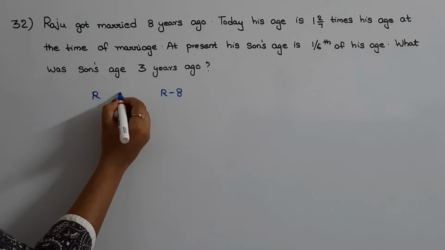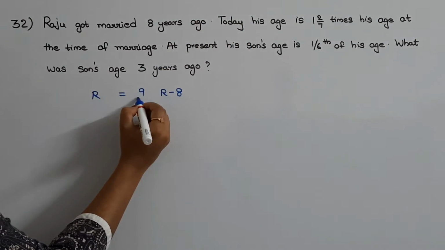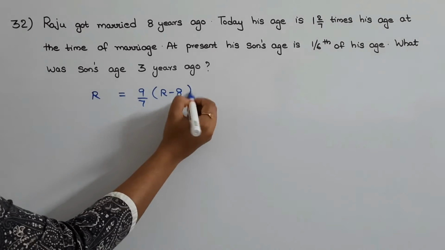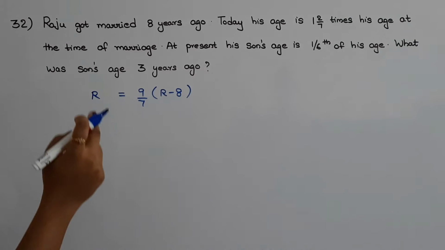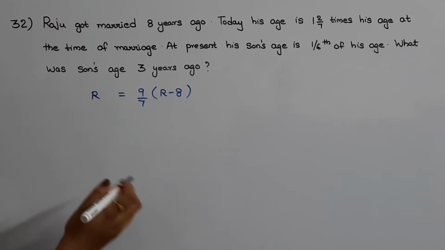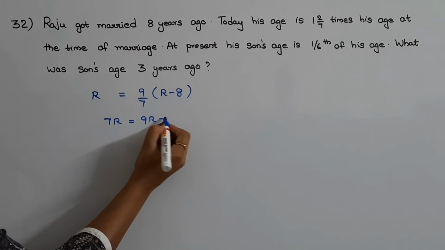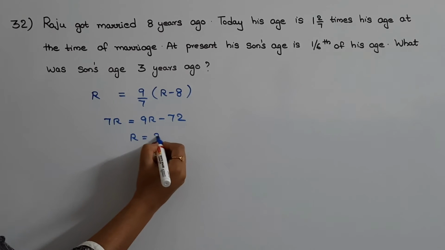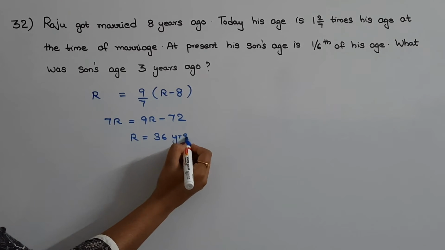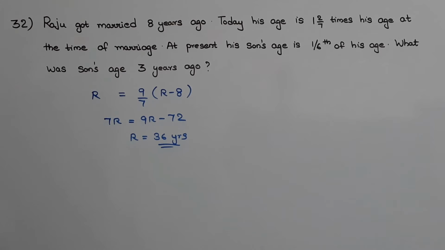So this R will be equal to 1 2/7, which is 9/7, times R minus 8. Now by solving this we will get the value of the present age of Raju. Okay. So 7R is equal to 9R minus 72. So on solving this we will get the R value as 36 years. So the present age of Raju is 36 years.